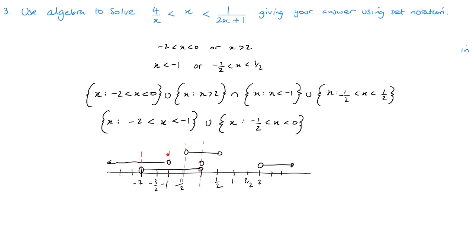And these two inequalities are separated from each other, which is why we have an or. So if in doubt, you can sketch out a little number line and look for where your inequalities overlap. And it's only where they overlap which will become the solutions to the whole thing.